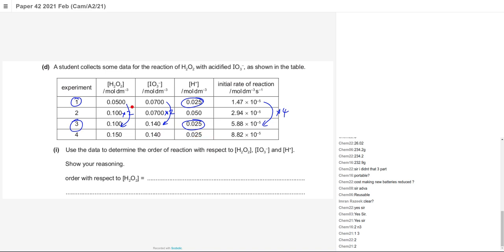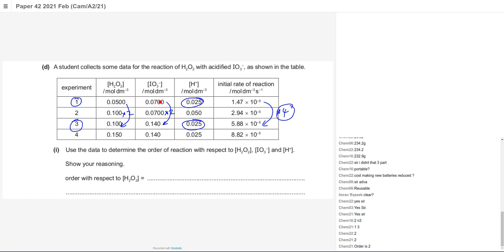That means the order with respect to IO3 minus is first order, not second order. You know why? Because we are doubling the hydrogen peroxide and doubling the IO3 minus, and the rate is increased by 4 times. Of these 4 times, 2 is due to the hydrogen peroxide.